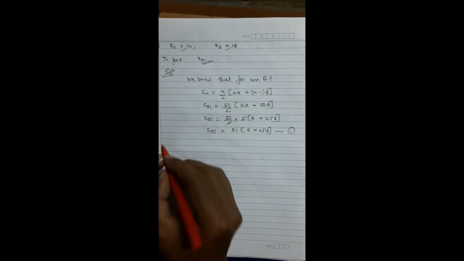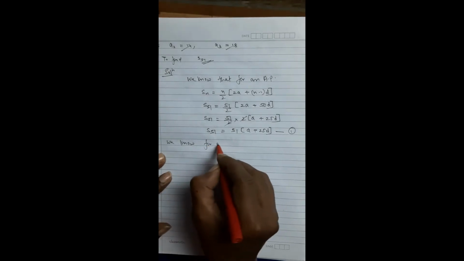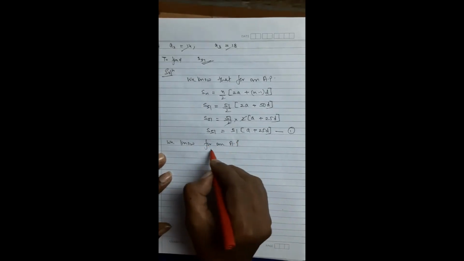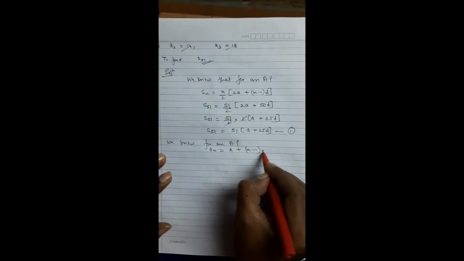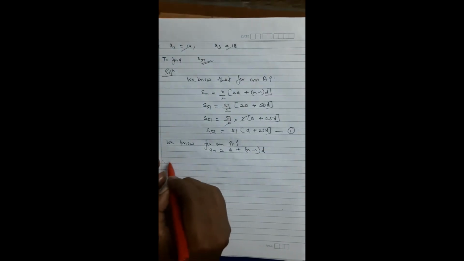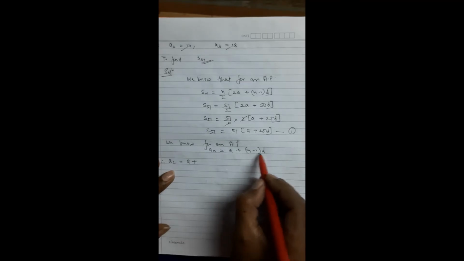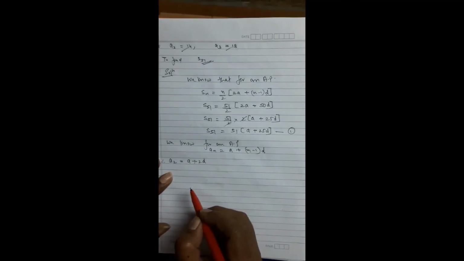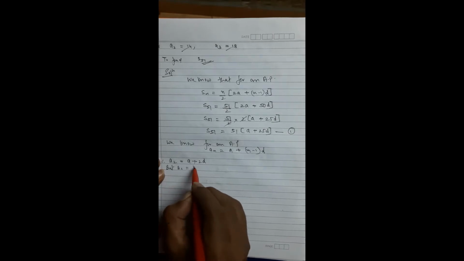Okay, so we know for an arithmetic progression, an is equal to a plus n minus 1 into d. Therefore, a2 is equal to a plus 2 minus 1, d. But a2 is equal to 14.